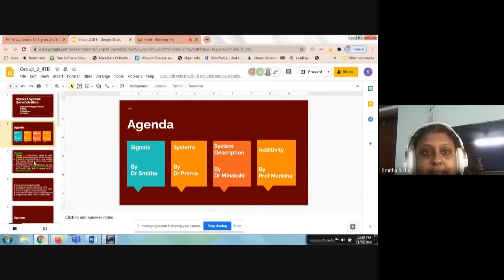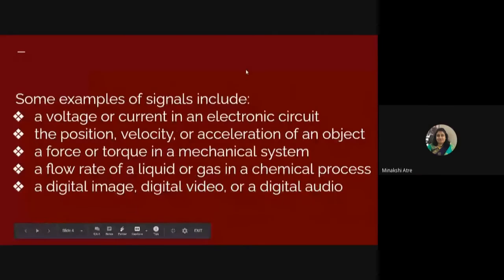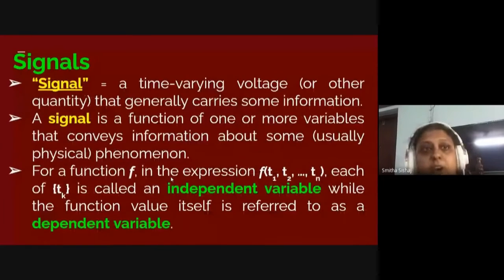Right, sir. So I go on to the signals part of it. With regards to signals, on a more generalized method of defining a signal, a signal is a time-varying voltage or any other quantity that generally carries some information. But when we mathematically talk about a signal, the definition is a function of one or more variables that conveys information about some physical phenomenon.